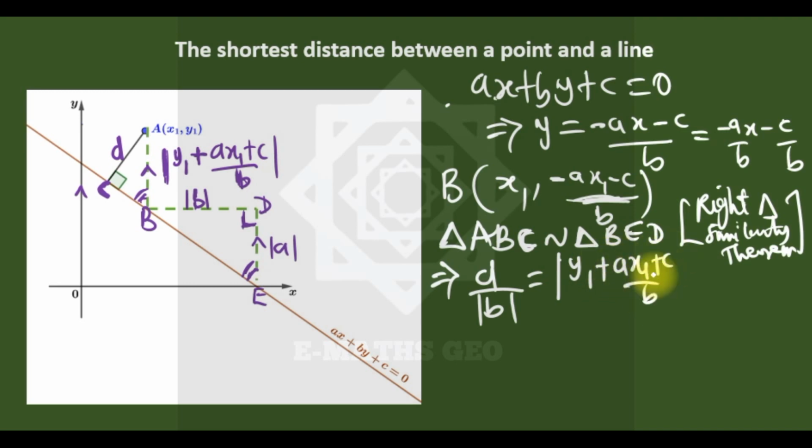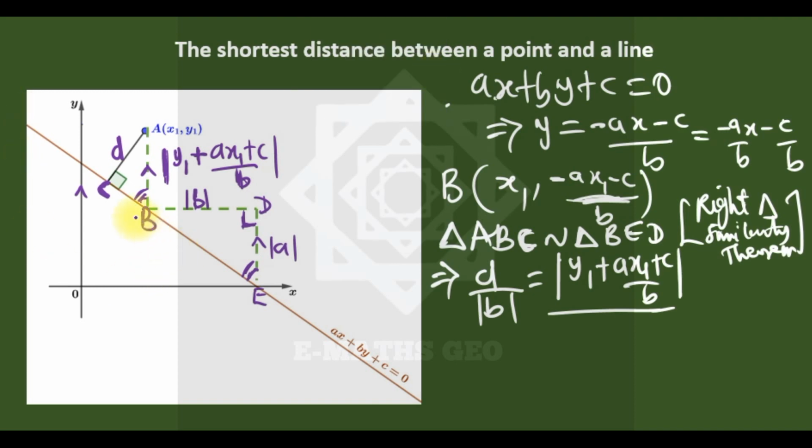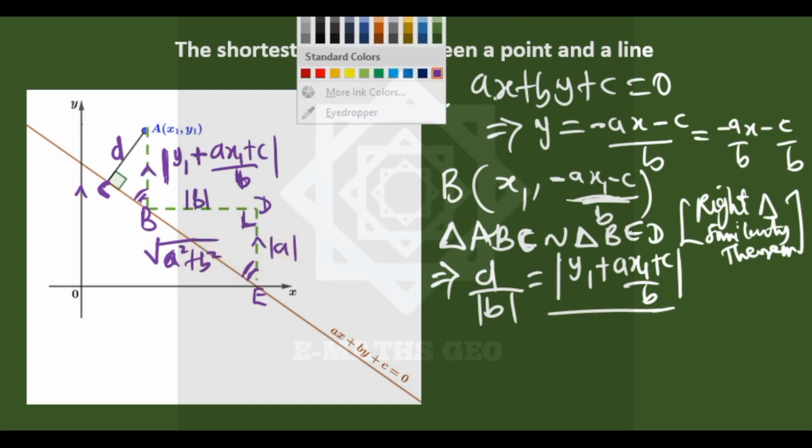y1 plus ax1 plus c over b, all in absolute value, over the hypotenuse here, which by Pythagorean theorem is the square root of the sum of the squares of these legs. So BD is the square root of a squared plus b squared based on Pythagorean theorem.